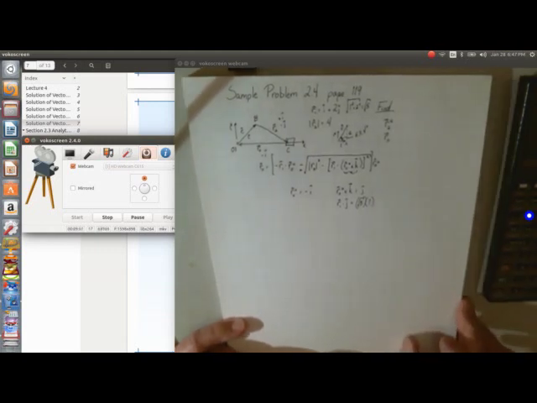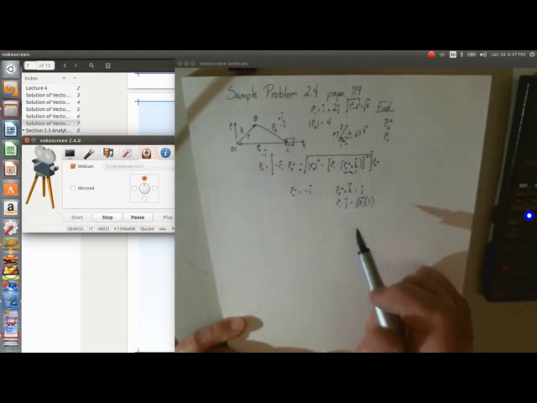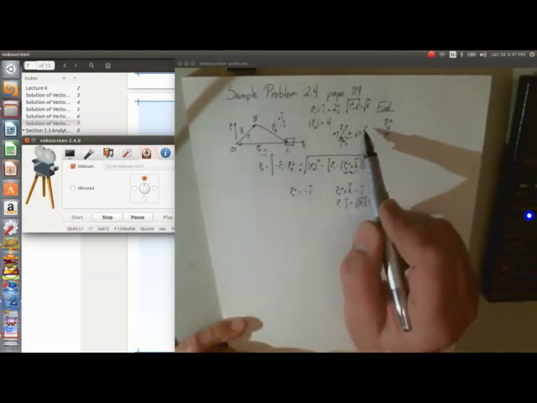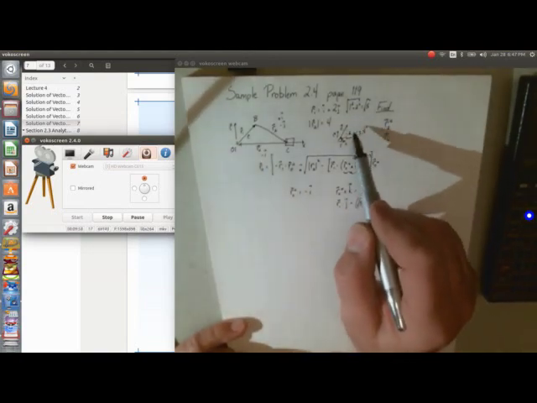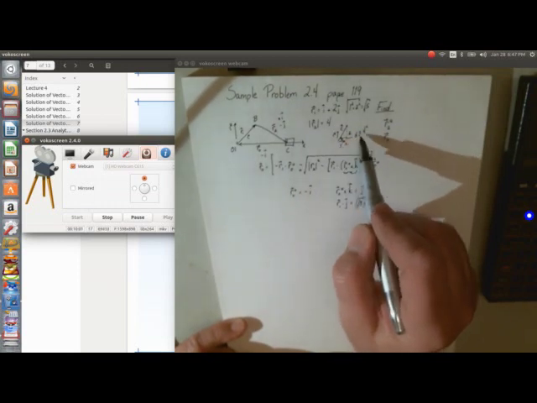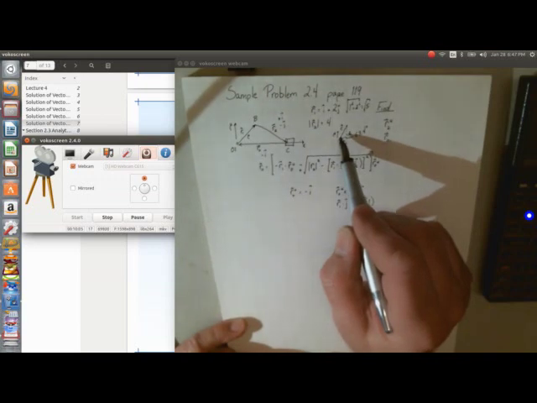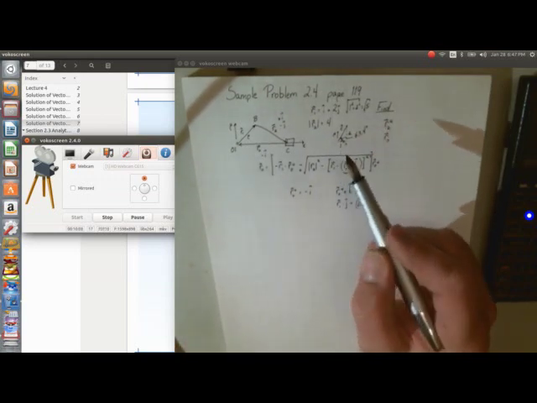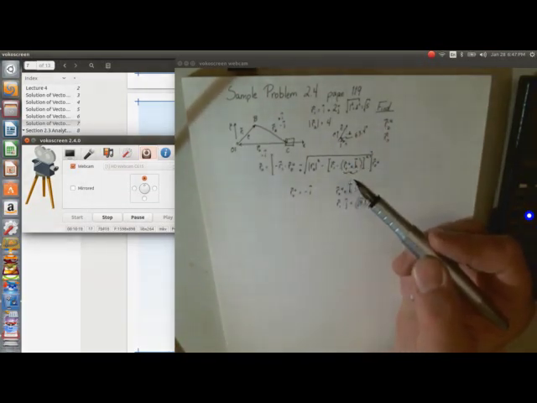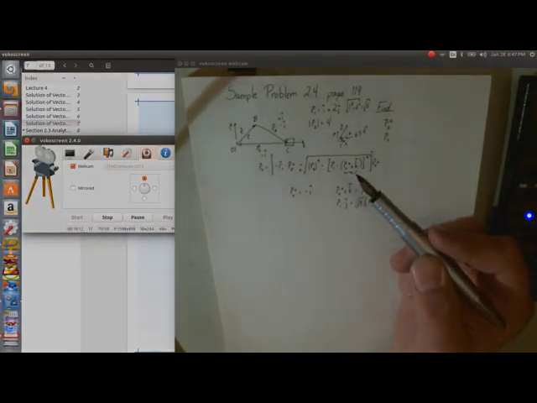Now the angle between them, fortunately we figured out that the angle of r sub 1 with the horizontal is 63.4. So the angle back to j should just be 90 degrees minus 63.4.